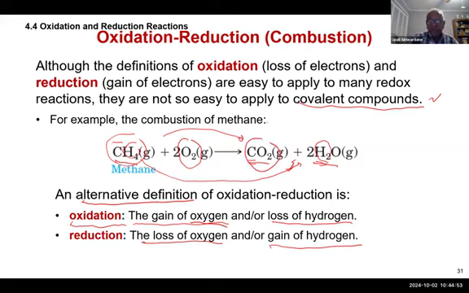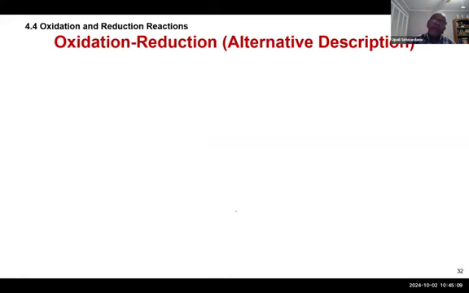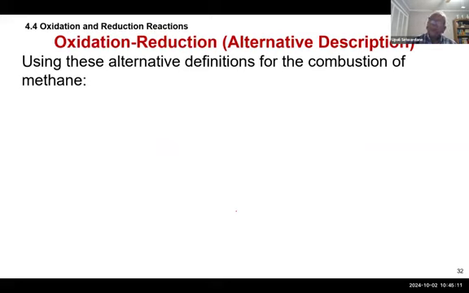Therefore, loss of hydrogen is oxidation. Gain of hydrogen is reduction or loss of oxygen. These are alternative descriptions. Let's look at this in more detail.